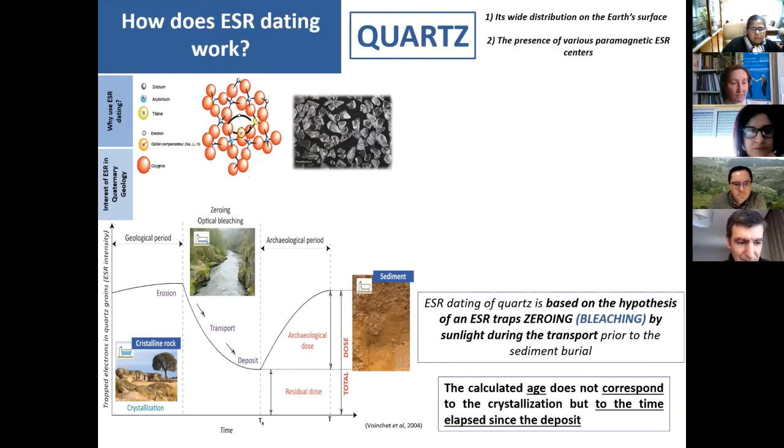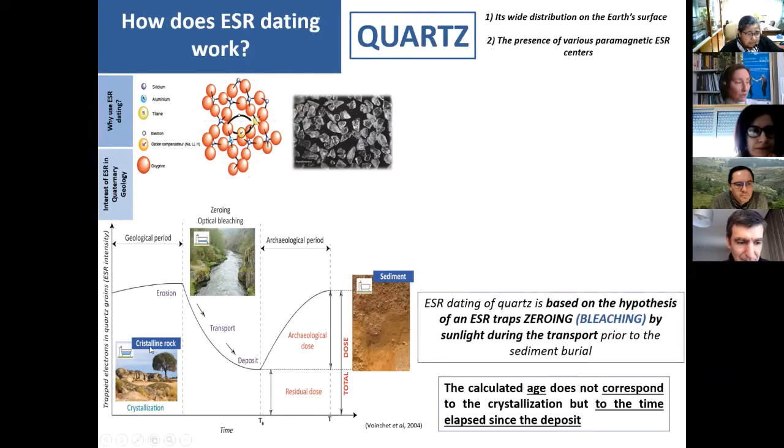I try to represent this in this figure. Here we have a rock. This rock is eroded, and during the transport of this quartz grain obtained from the erosion, for example, these quartz grains can be transported by a river. During this transport, the dose absorbed by the sample when the quartz was part of a rock is released.